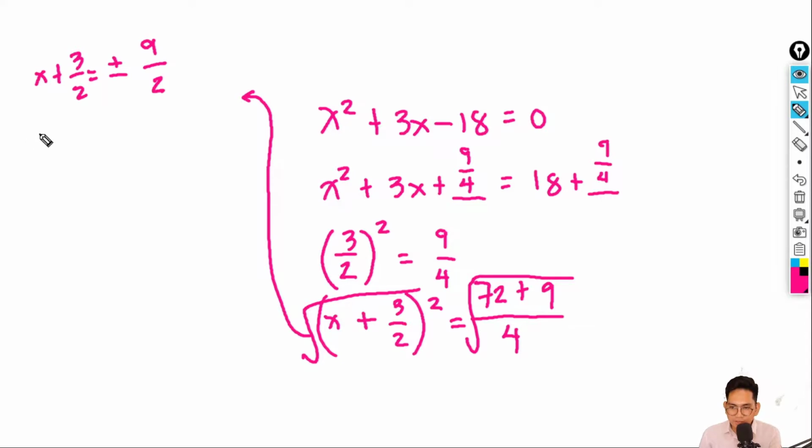So we have the first solution. X is equal to 9 halves minus 3 halves. Therefore, we have x is equal to 9 minus 3 gives us 6 divided by 2, which is 3.